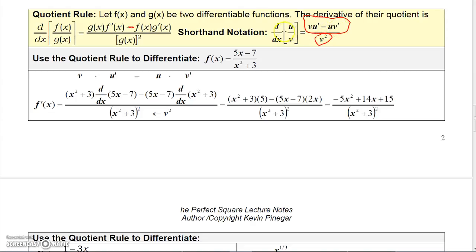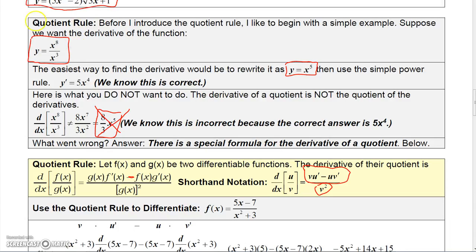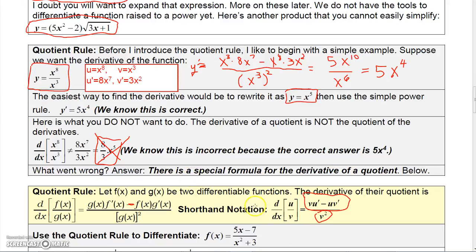And so now let me go ahead and show you how that works with this example up here. So now let's apply this rule to the function x to the 8th over x cubed. So u would be the numerator, x to the 8th, and v would be the denominator, x cubed. So u prime would be 8x to the 7th, while v prime would be 3x squared.